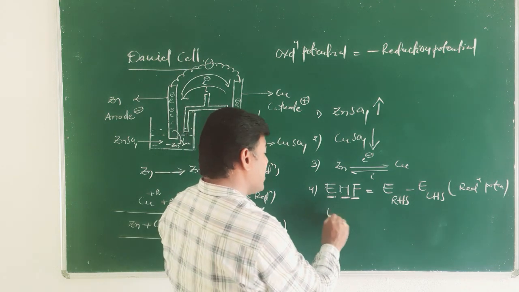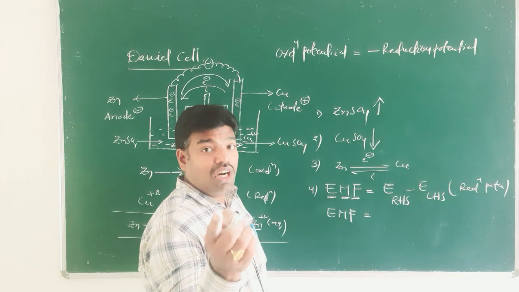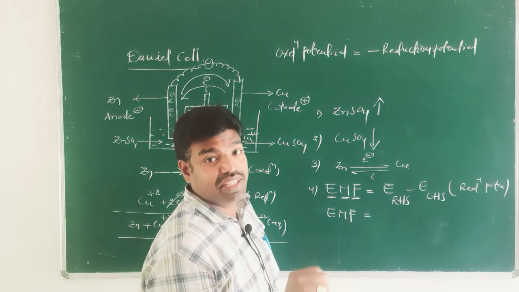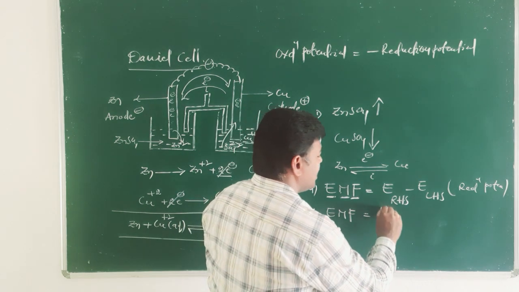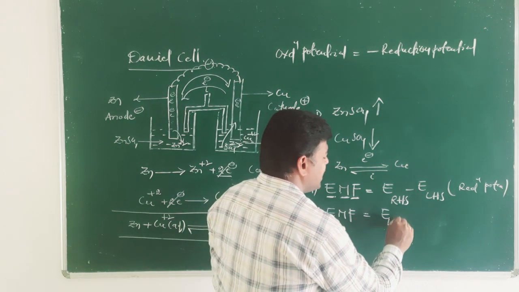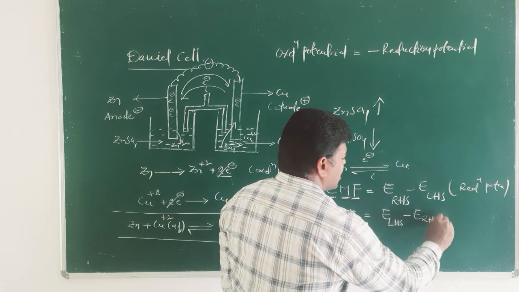Okay. We can give the EMF equation in terms of oxidation potentials. In such case EMF is equal to ELHS minus ERHS.